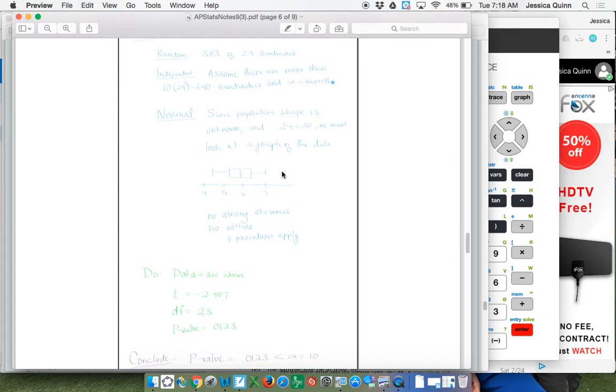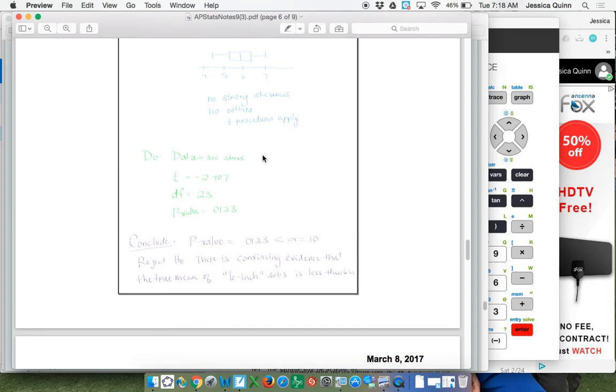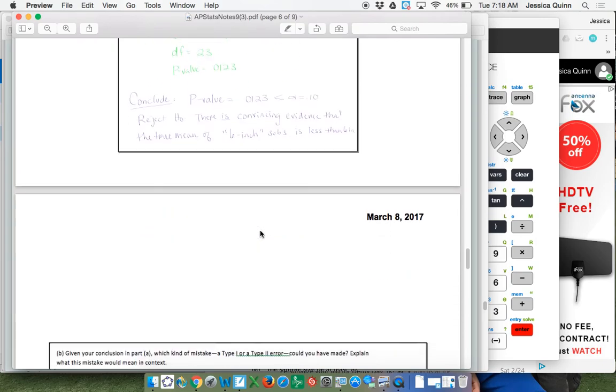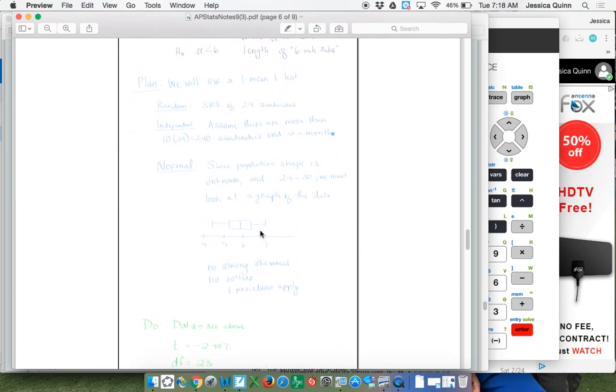When you do the box plot, you draw it, make sure you label your horizontal axis, and then you say there's no strong skewness, there's no outliers, therefore t procedures apply. Just like with the caffeine one we just did, since we use data, we'll just say see above. Our t-score was negative 2.407. The degrees of freedom was 23. Our p-value was 0.0123. So hopefully all these make sense.